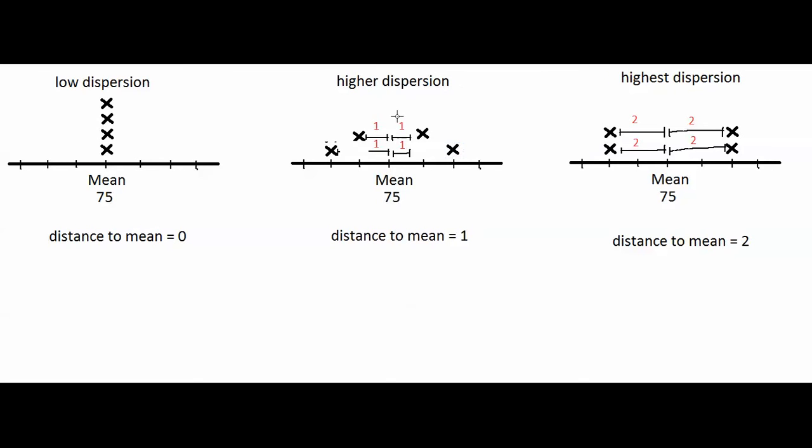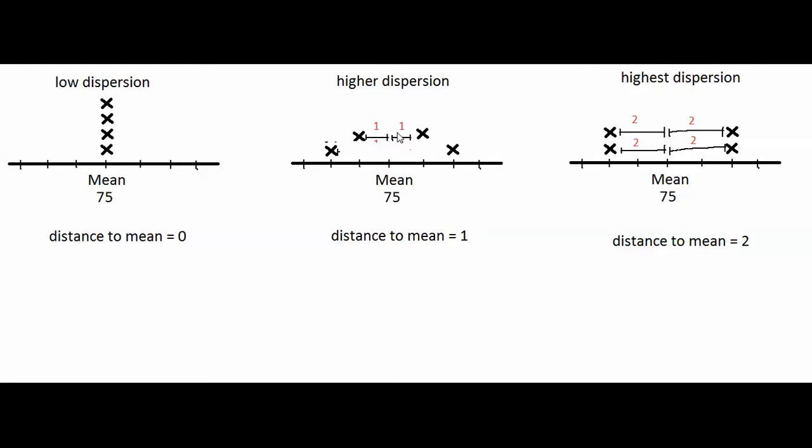Where students' exam scores were 73, 74, 76, and 77. Well, this student who got a 74 is 1 away from the mean. This student who got a 76 is 1 away from the mean.